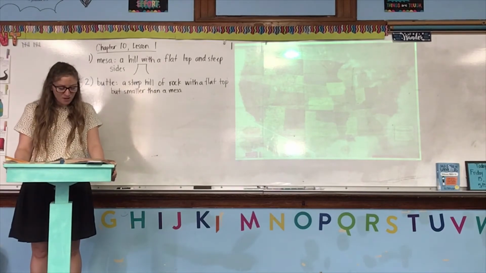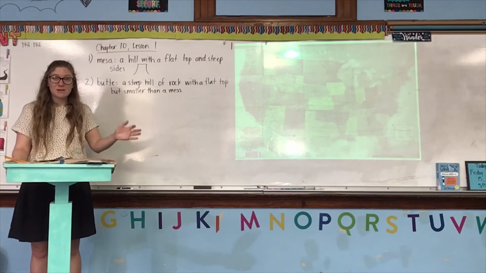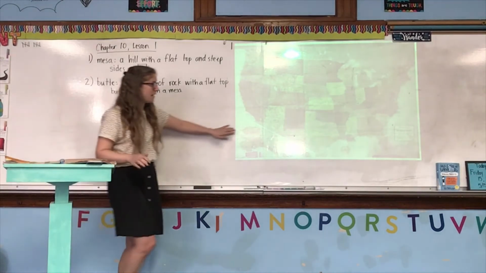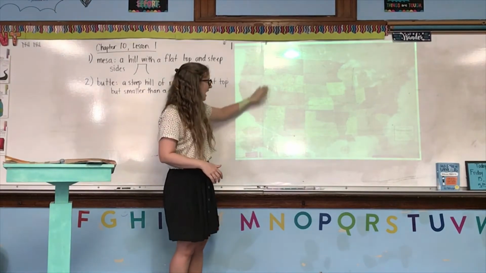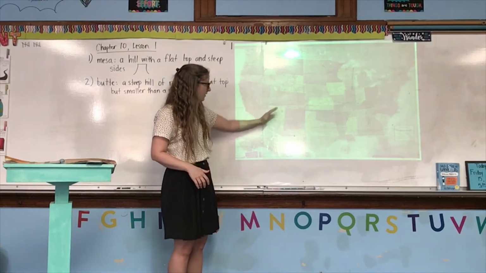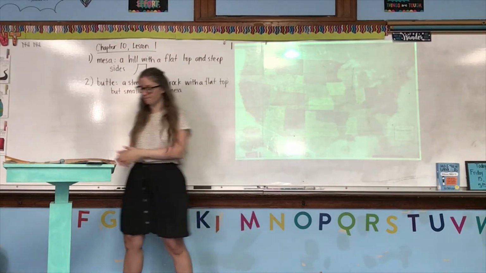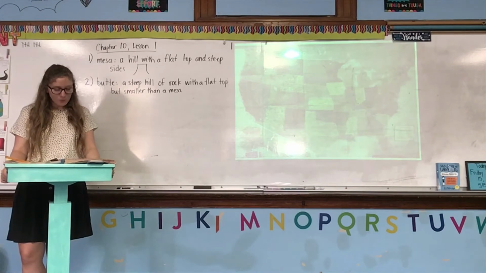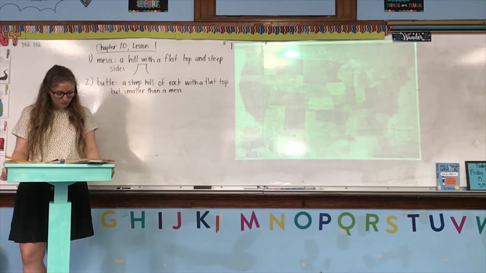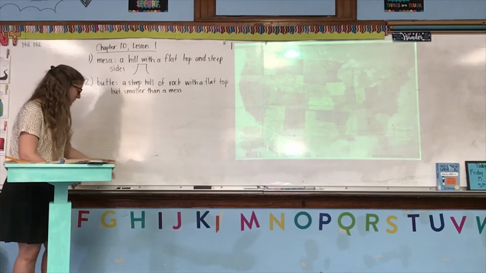The mountains block moist ocean air from reaching the region. So that means Pacific air. Because of these mountains in the western part of the Southwest, that blocks the moist air coming from the Pacific Ocean. The Southwest lies in the rain shadow, or the drier side of the mountains.